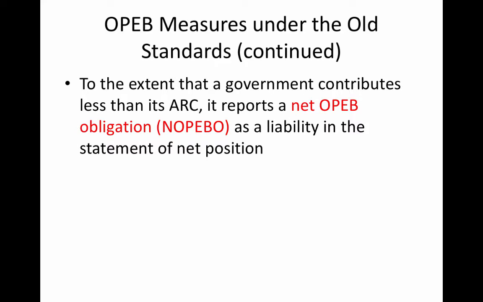If a government was contributing less than the ARC, then it would start to accumulate a liability on the face of the financial statements called the net OPEB obligation, or NOO or NOPEBO, which is equal to the cumulative under contribution, so the amount that they've actually contributed less than the ARC ever since they first implemented the OPEB standards in the late 2000s.